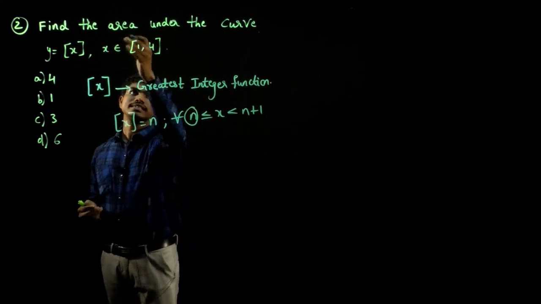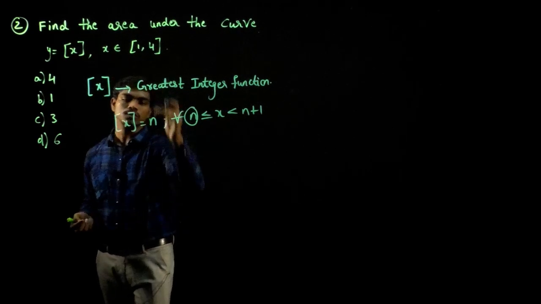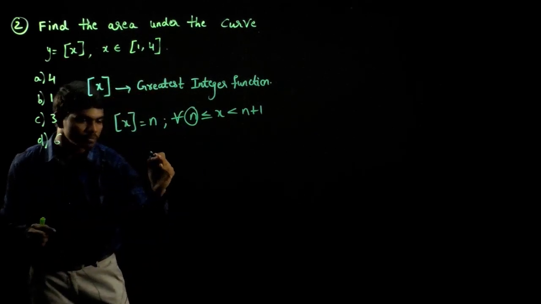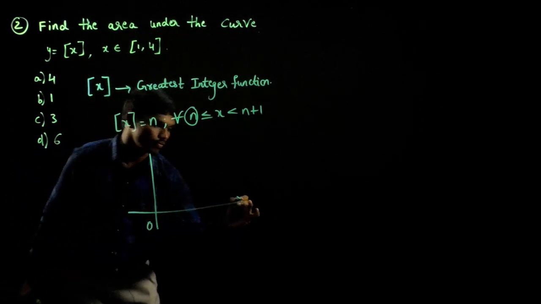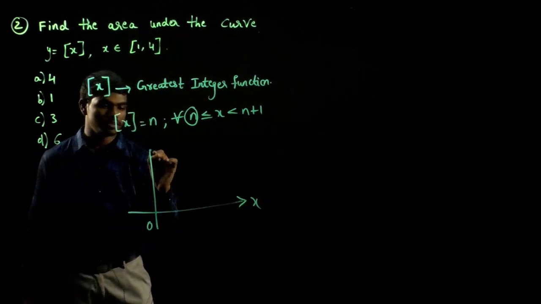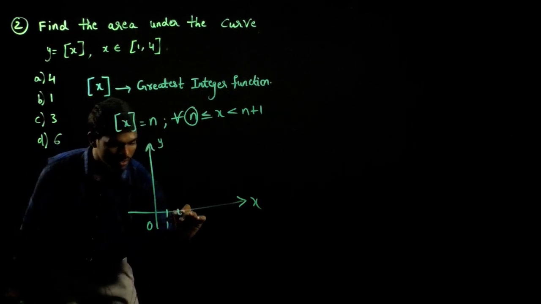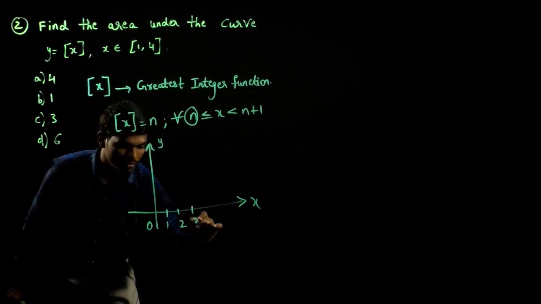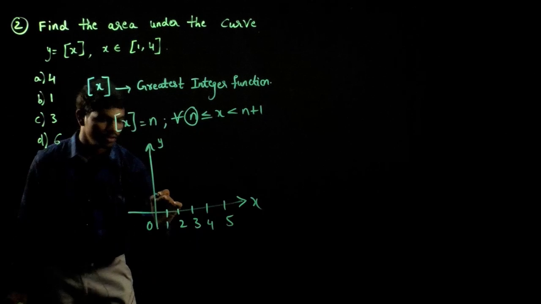Now we want to find the area under this curve for x values between 1 and 4. So if you try to plot this function, with axes x and y, marking 1, 2, 3, 4, 5.